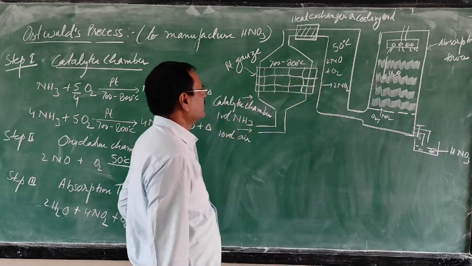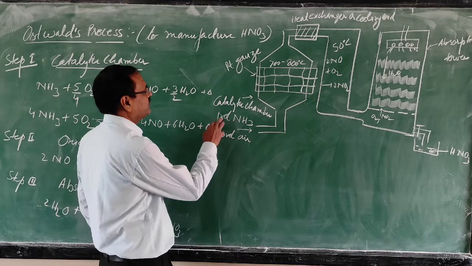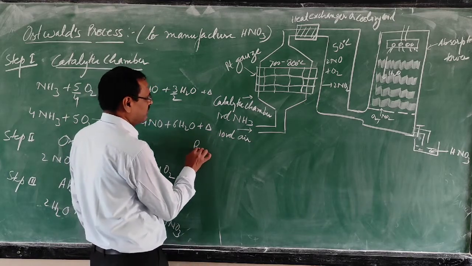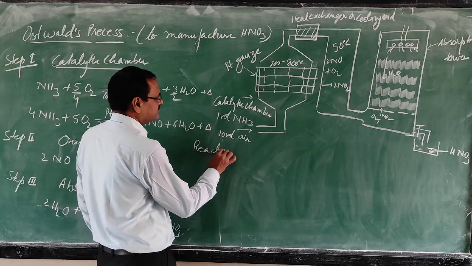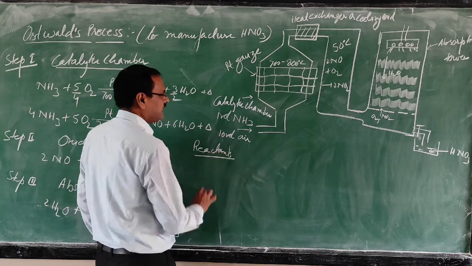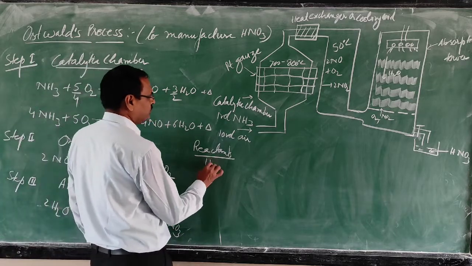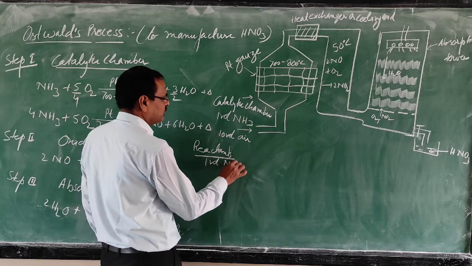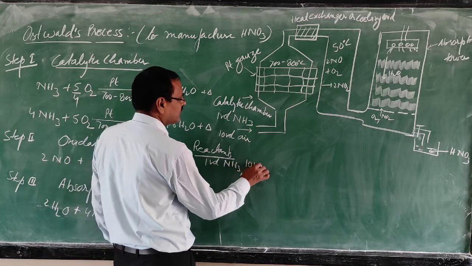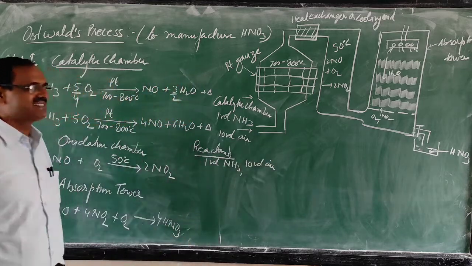Now this is clear to you. Certain points we will discuss. First of all, reactants. What are the reactants? Reactants are 1 volume ammonia and 10 volume air. So why is this much difference there?